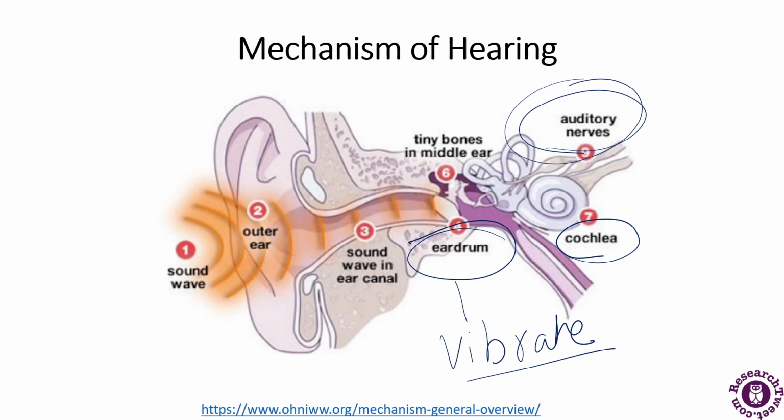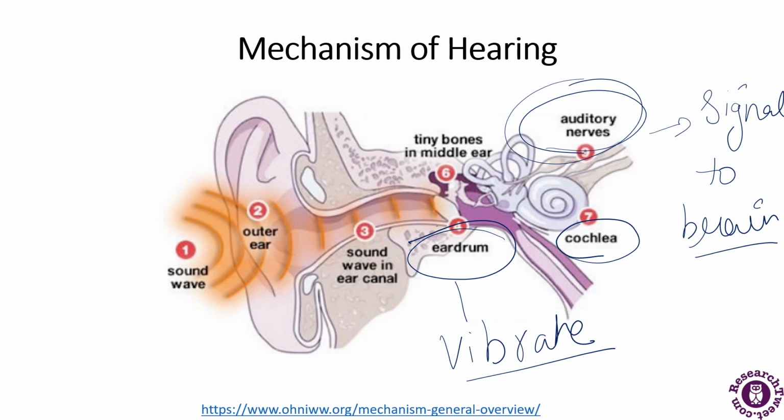The auditory nerve moves signals to the brain, where they are translated into recognizable and meaningful sounds. This is how the whole mechanism of hearing takes place.